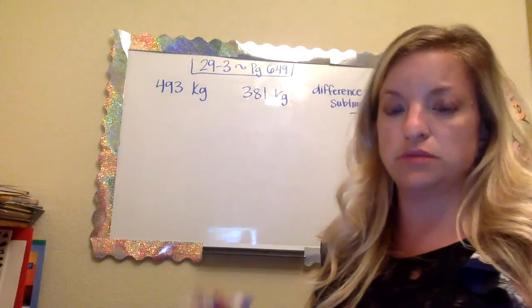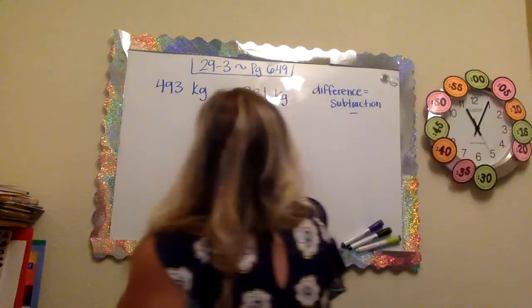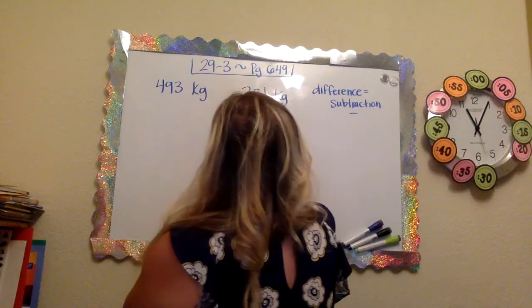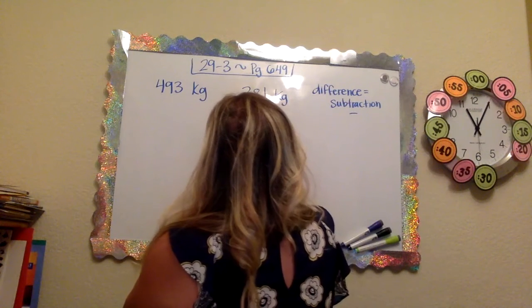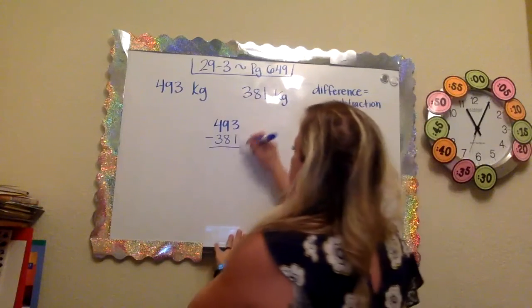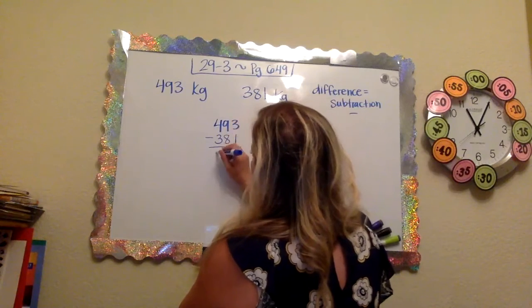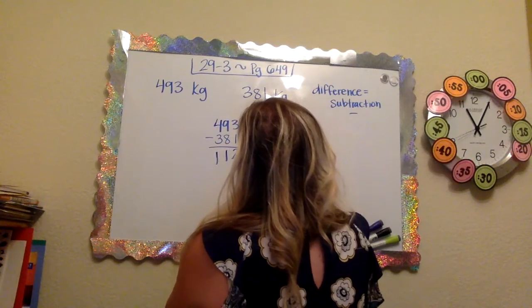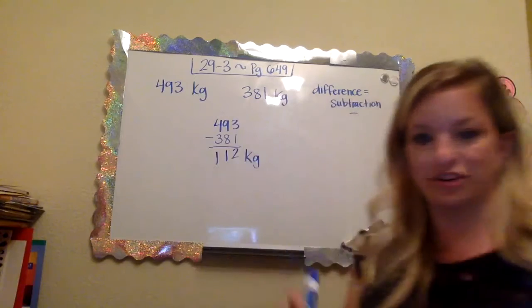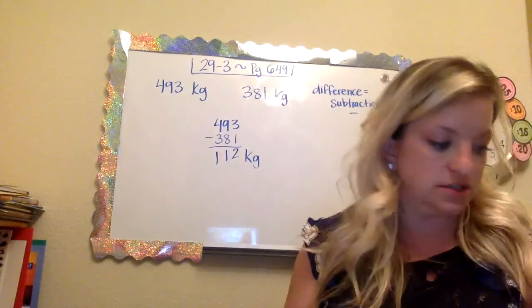The biggest number between 493 and 381 is 493. So I'm going to stack these like a cheeseburger. 493 minus 381. Now 3 minus 1 is 2. 9 minus 8 is 1. 4 minus 3 is 1. 112 kilograms. That is the difference between those 2 horses. That is the answer to number 8.